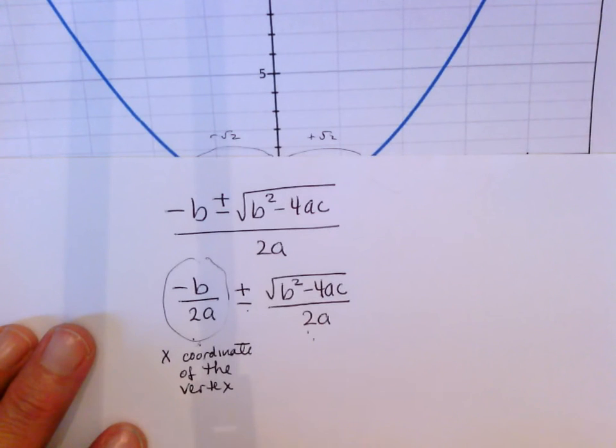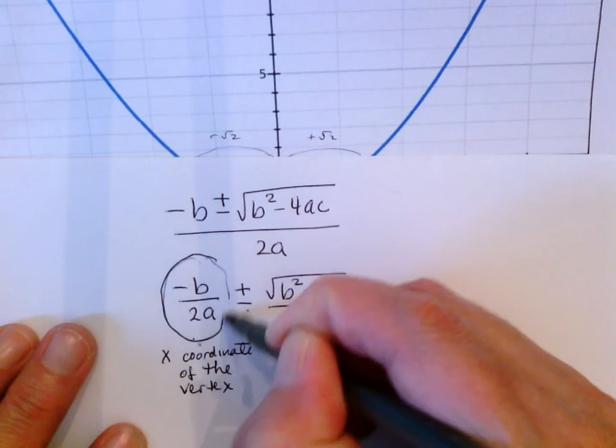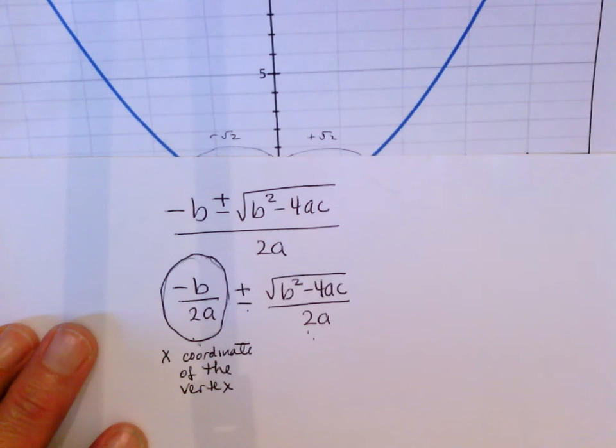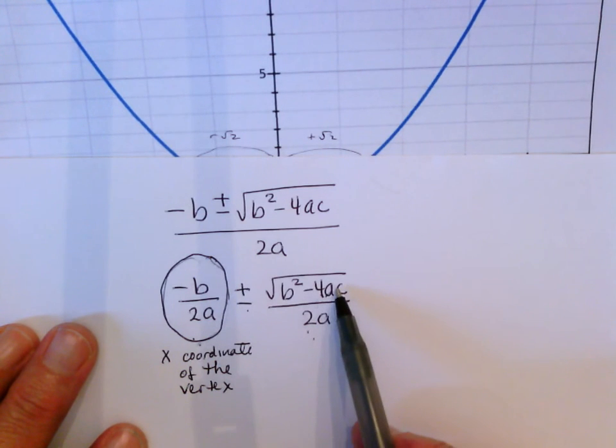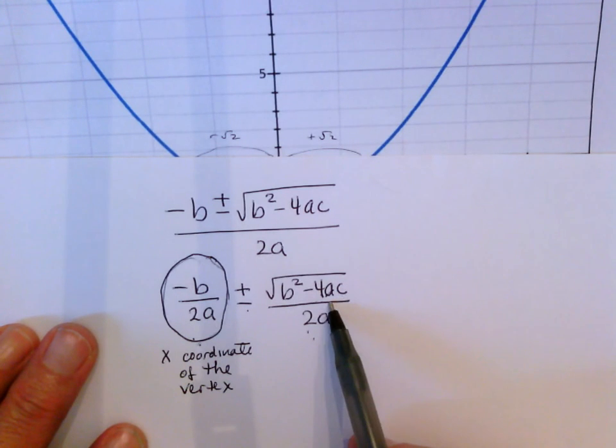That negative b over 2a part right there is going to allow me to find the turning point even when we don't have any x-intercepts. If this part over here had a negative under the radical, and so it wasn't giving us any real solutions, that would mean our parabola did not cross the x-axis.